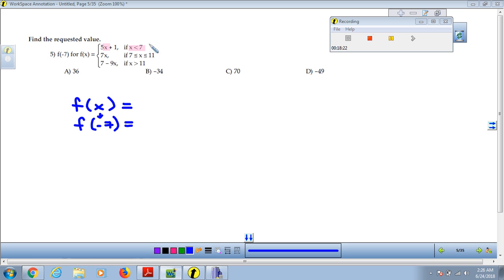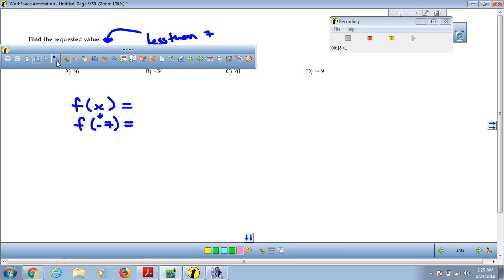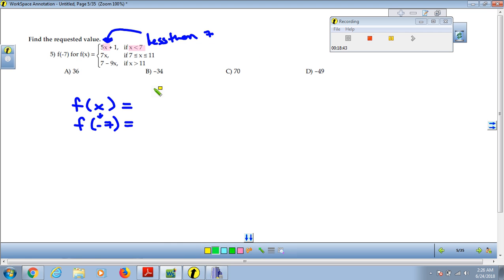So here it says less than 7. What's less than 7? X. They're talking about what numbers you are going to be able to substitute into this x. Numbers that are less than 7. Then we also have, into the x of this function, what kind of x's are you going to be able to substitute?